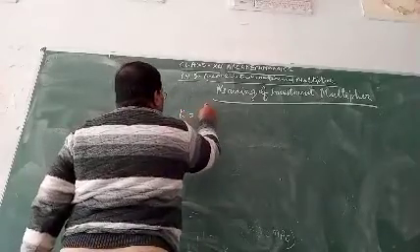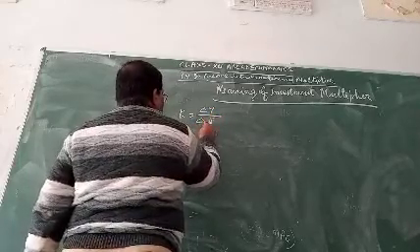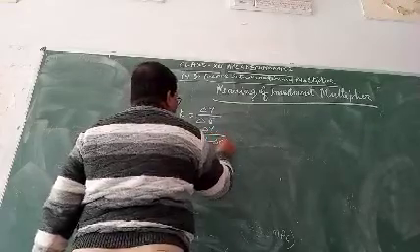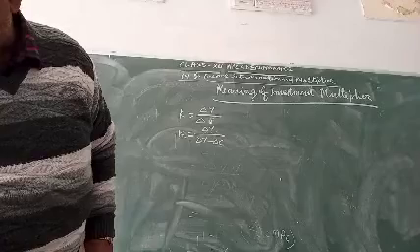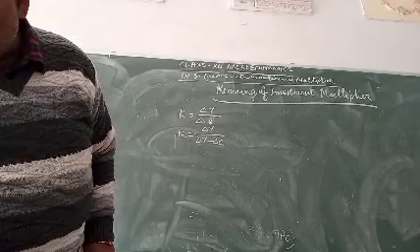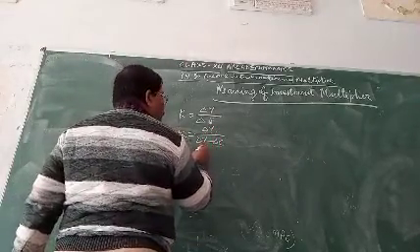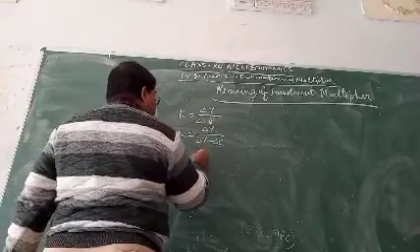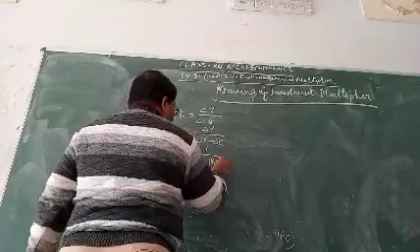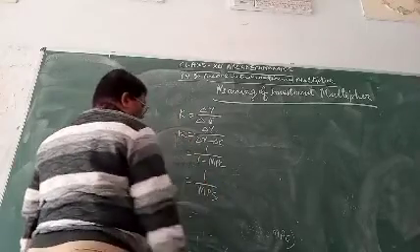K is equal to delta Y by delta I, and K is equal to delta Y by delta Y minus delta C. Dividing numerator and denominator by delta Y, we will get 1 upon 1 minus MPC, and we can write it also as 1 upon MPS.